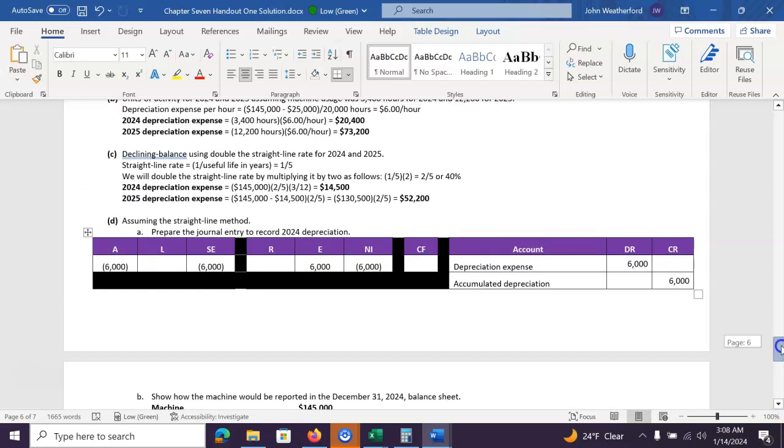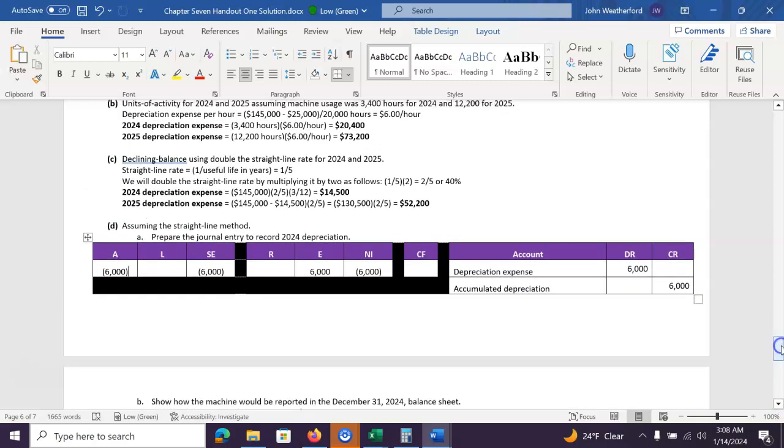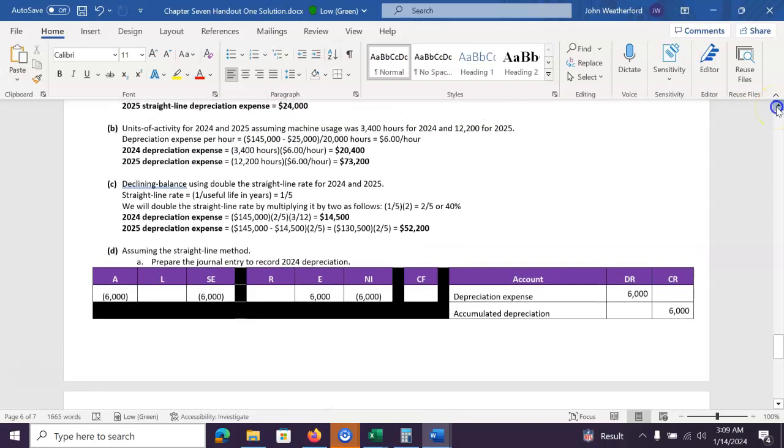All right, now we're asked to show how the machine would be reported on the December 31, 2024 balance sheet. We're going to show it at its cost of $145,000 minus depreciation expense taken in that year, 2024.